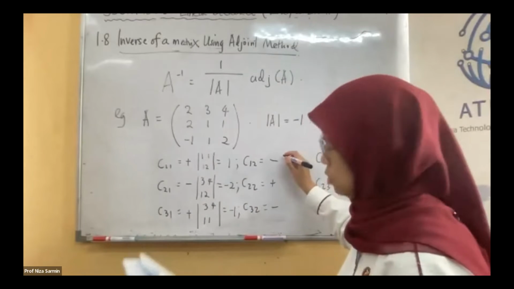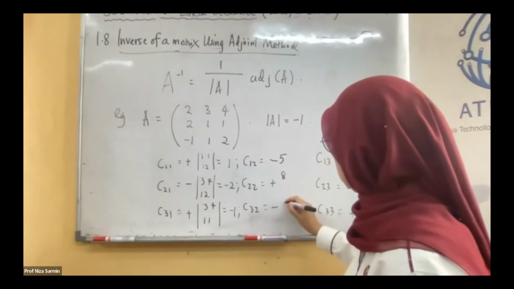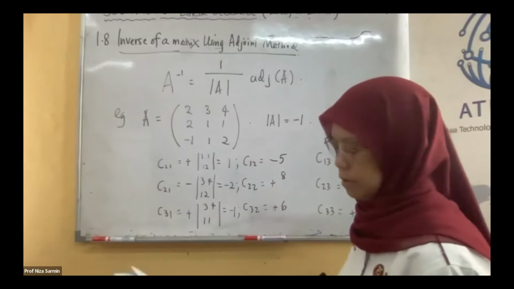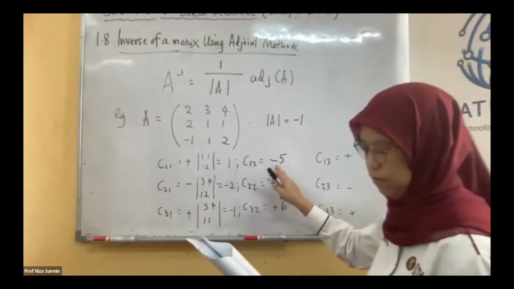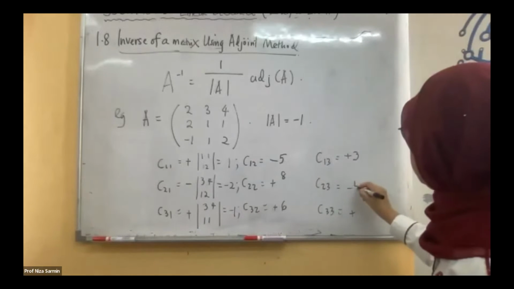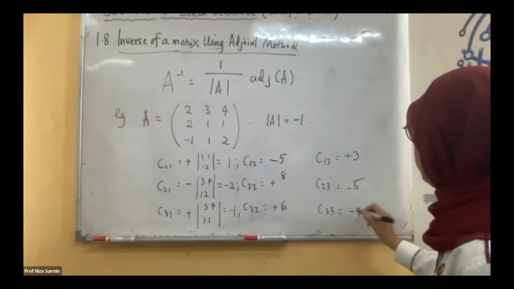I am not going to rewrite everything. I just put negative, negative, positive. Okay. 6, 8, negative 5. The answer, yeah, 3. Negative of 5 is negative 5. And then plus of negative 4 is negative 4.